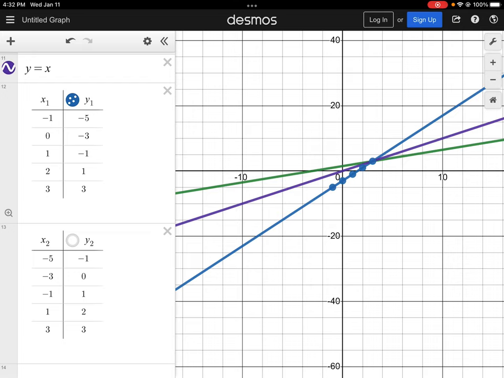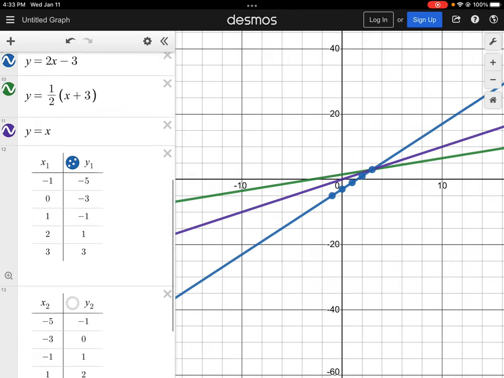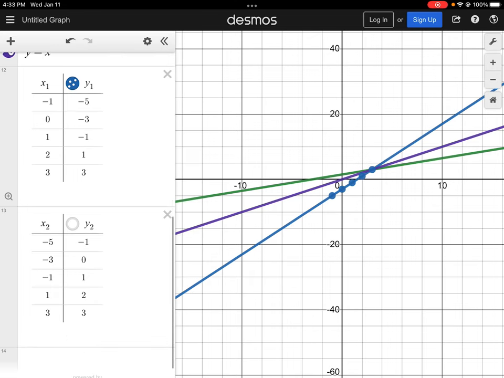So if these two functions are inverses of each other, then all the points in this second table should be on the other line, y equals a half times x plus 3. Let's turn that on and see if that's true. Sure enough, you can see every single one of those points lies on the line y equals a half times x plus 3.